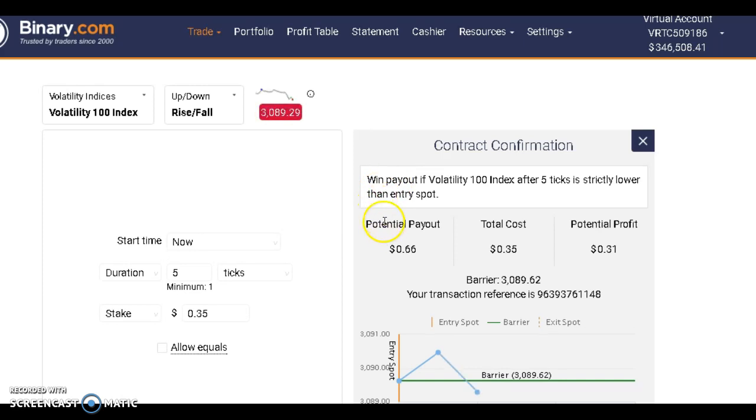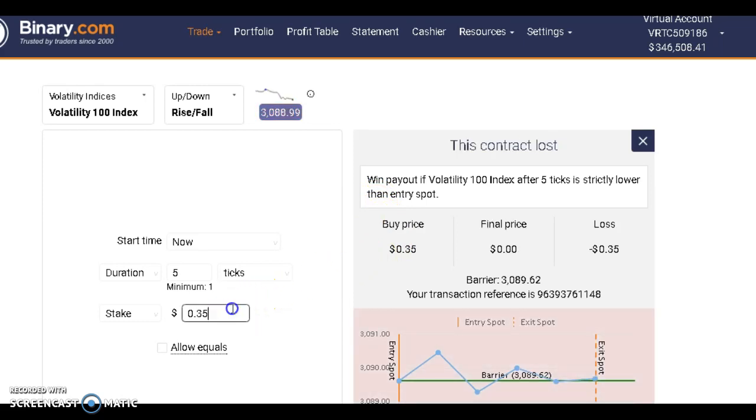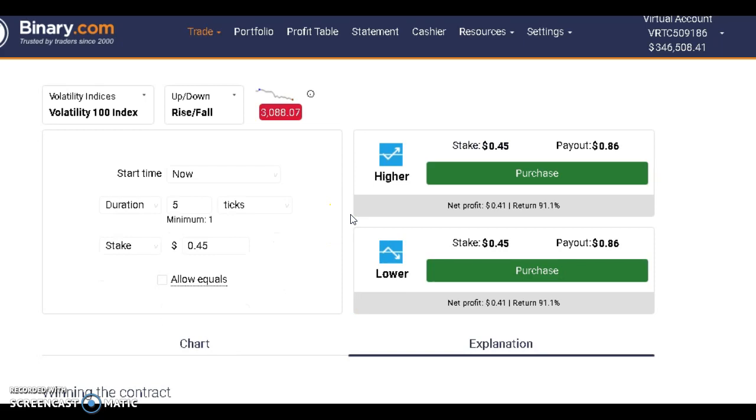So if my first stake doesn't make it, then I use the second one until I make a win. But you know what? I'm gonna make a win. This is my second one. See how it goes. So the first trade is a loss.